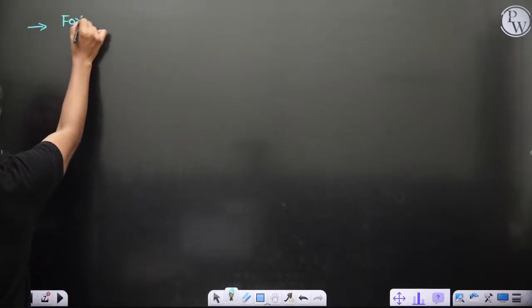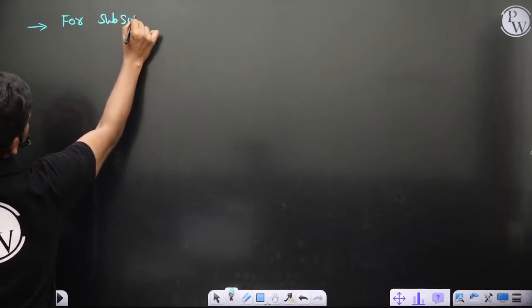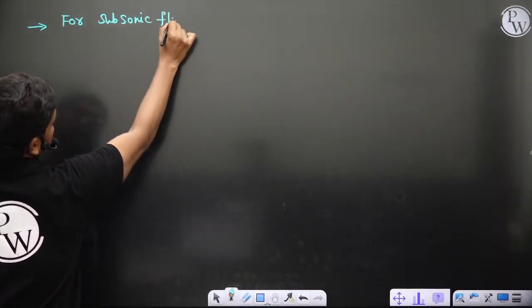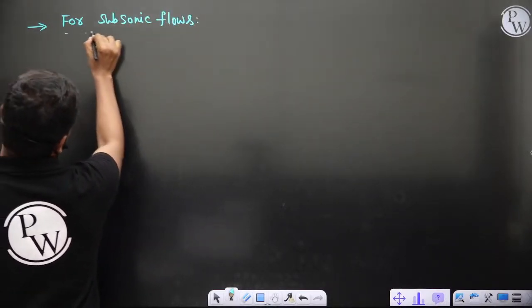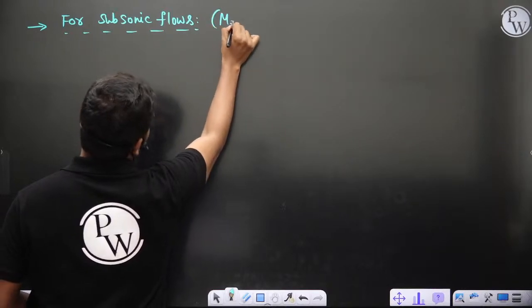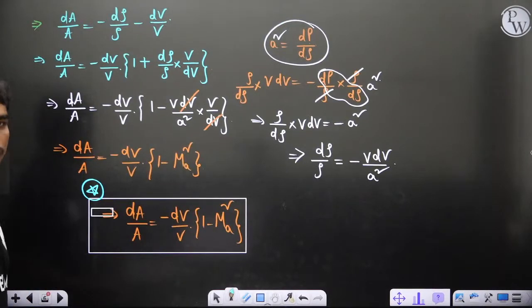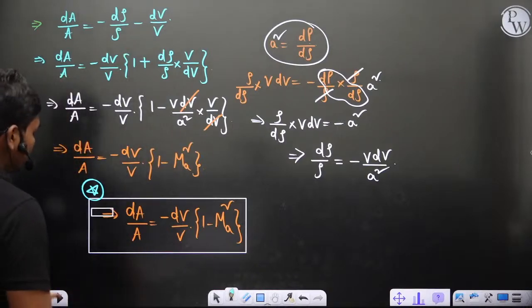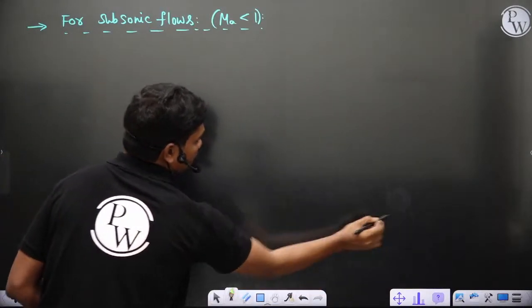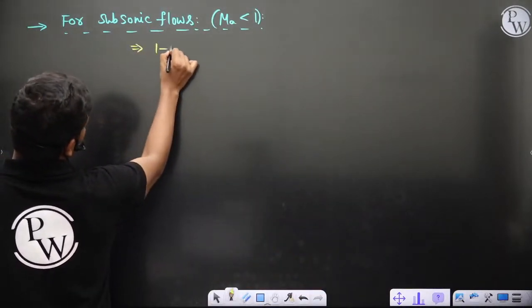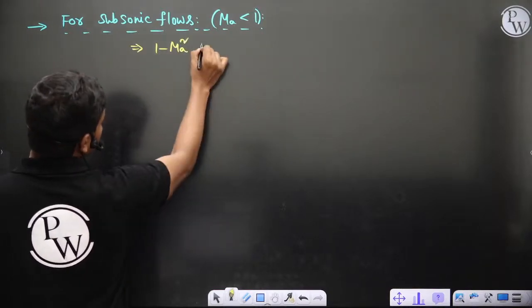For subsonic flows, where Mach number is less than 1, try to understand, 1 minus Mach square will definitely be greater than 0.